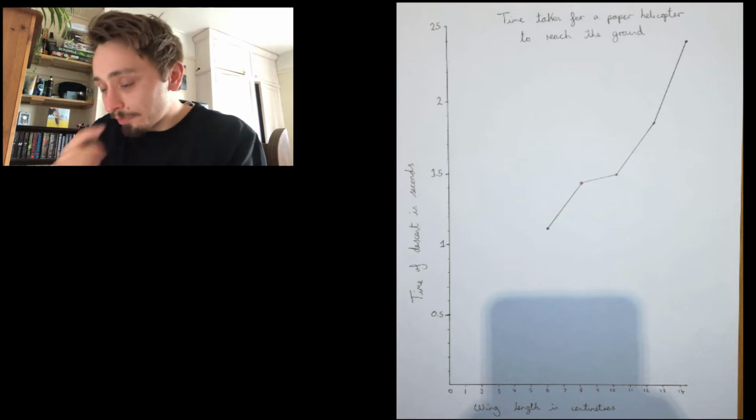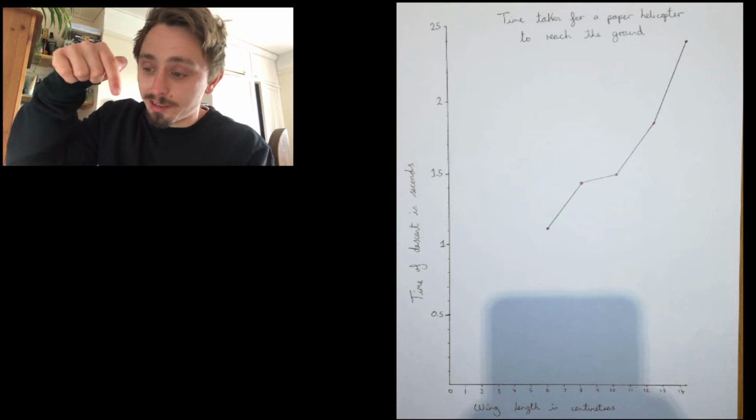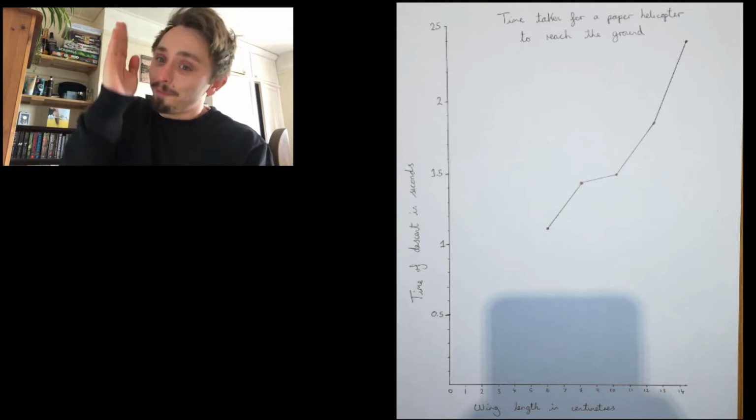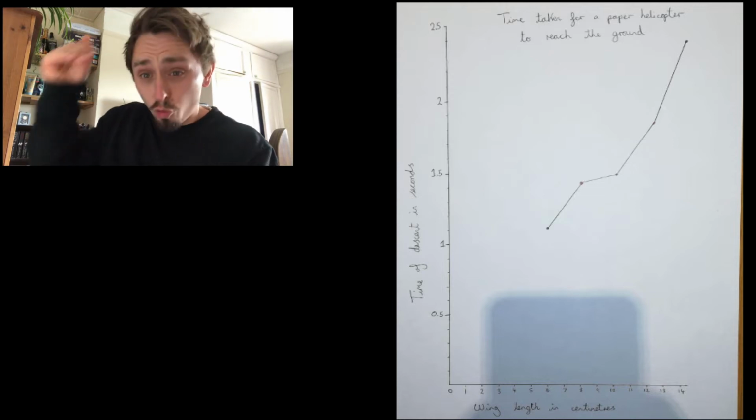On the left-hand side here, we can see the time of descent in seconds. So each one of those, you've got 0.5 seconds, 1 second. So the lower down on that axis there, what's that axis called? Yes, the Y axis. On that axis, it shows us the time. So the further down that, the quicker it fell.